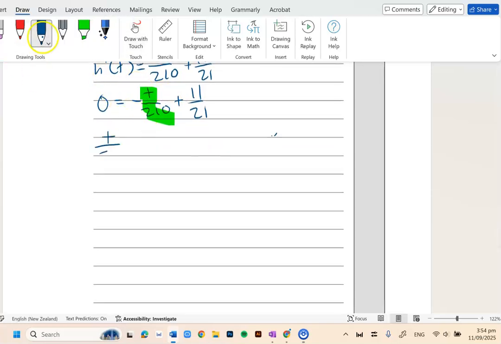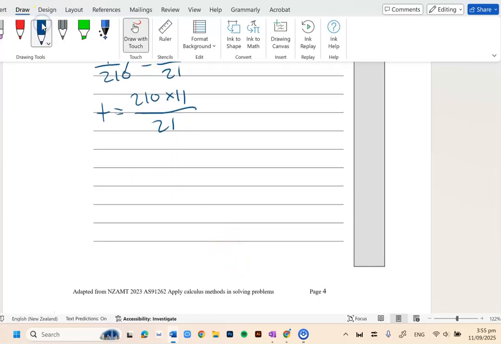So t over 210 equals 11 over 21. Now to solve for the time, we just have to move this 210 over here. So t will equal 210 times 11 divided by 21. So t will equal 110 minutes.